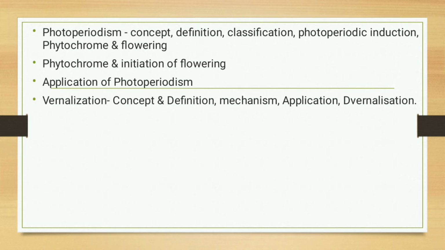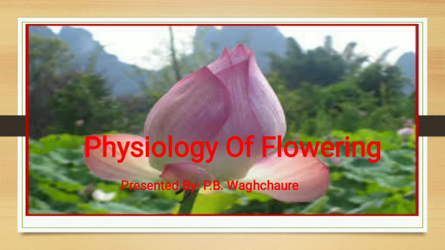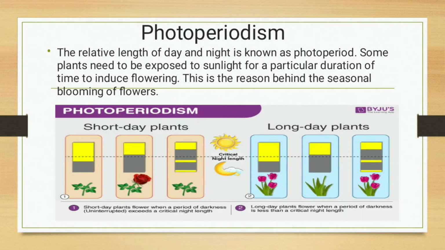In the first 3 diagrams for the short day plants, in the first there are no flowers because of the central line, which shows the critical light length.